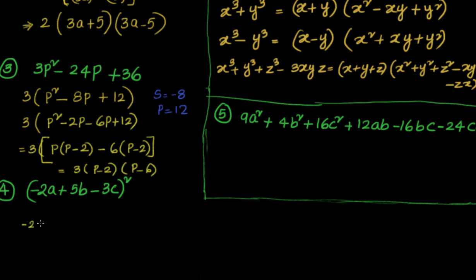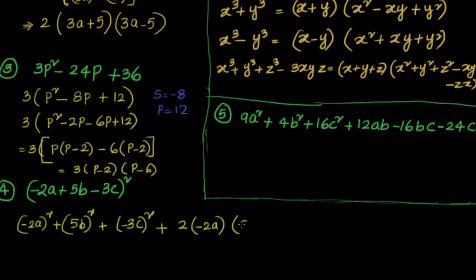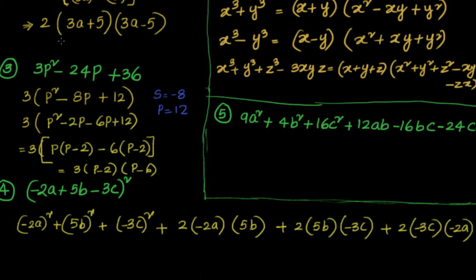This is (minus 2a) whole square, x², plus y², that is (5b) whole square, plus z², that is (minus 3c) whole square, plus 2 into minus 2a, that is x, into y, that is 5b, plus 2 into y, 5b, into minus 3c, that is z, plus 2 into z, minus 3c, into x, minus 2a.